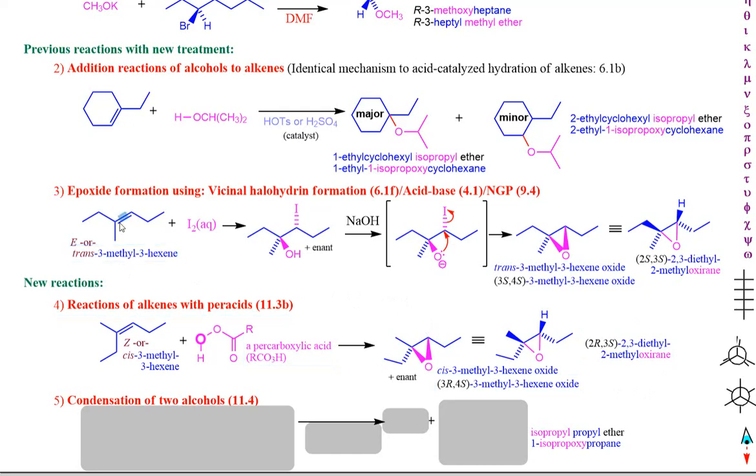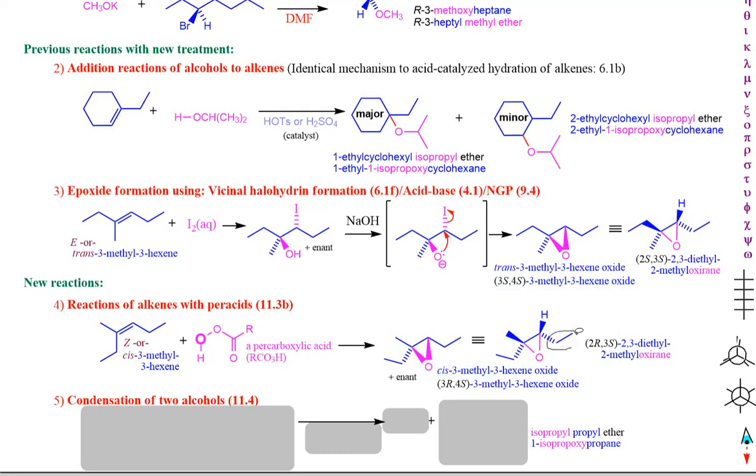Keeping in mind that an E-alkene always gives a trans epoxide, and a Z-alkene always gives a cis epoxide. Or using this nomenclature, it's easy to remember. Trans begets trans, and cis begets cis.